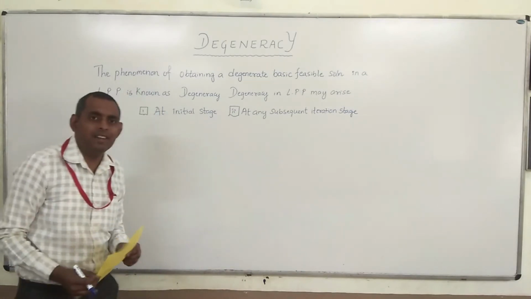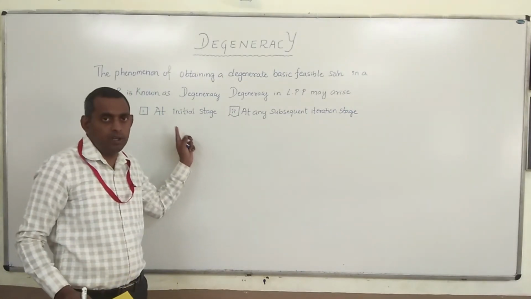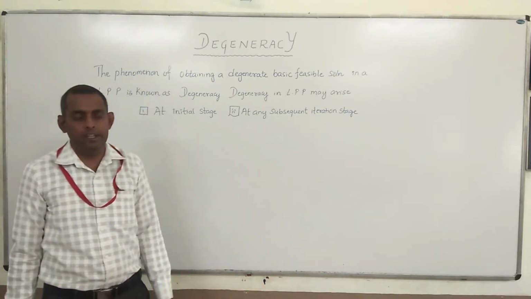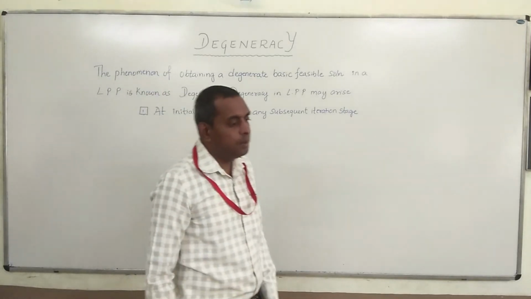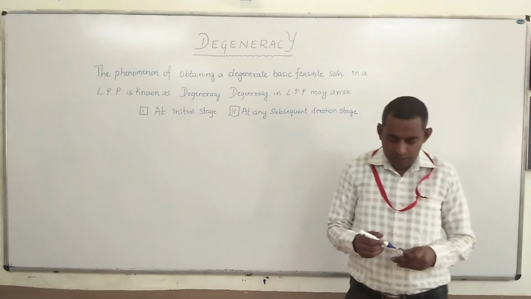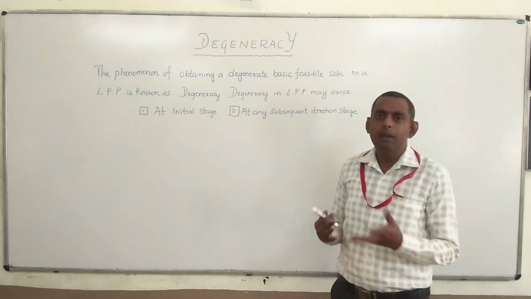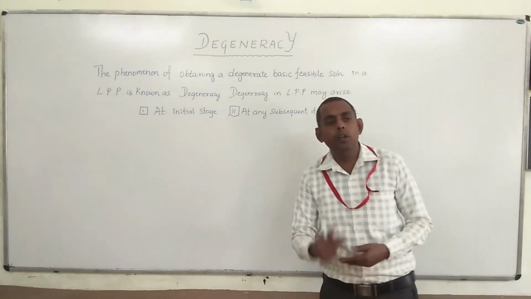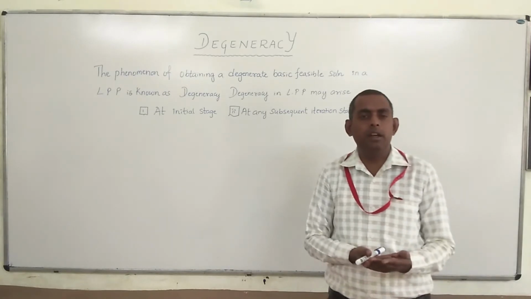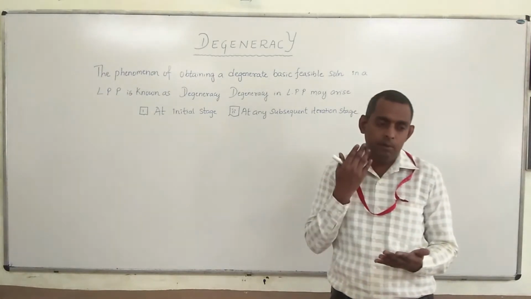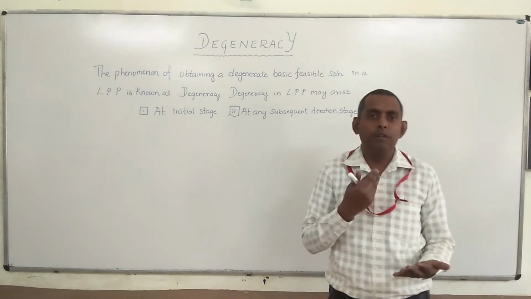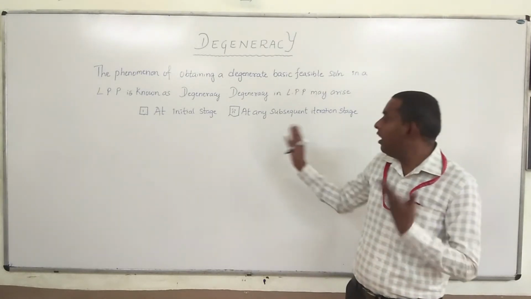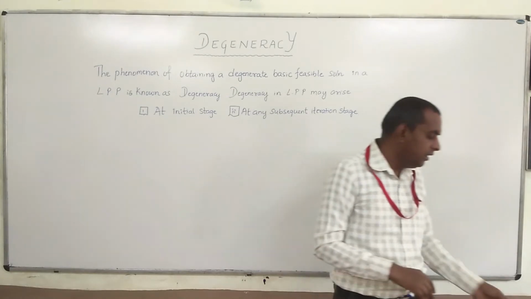So this degeneracy may arise in two situations: one is at the initial stage, or at any subsequent stage during the iteration. Iteration here means the simplex method. Solving the LPP by the simplex method gives you iterations, so it may be the initial simplex table, the first iteration or the second iteration. Like that, degeneracy can occur at any subsequent iteration stage.